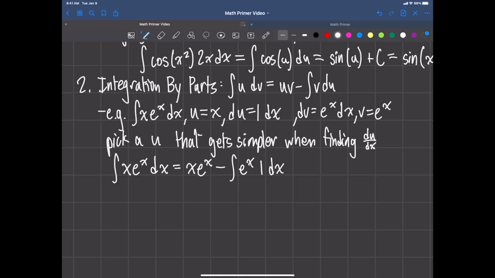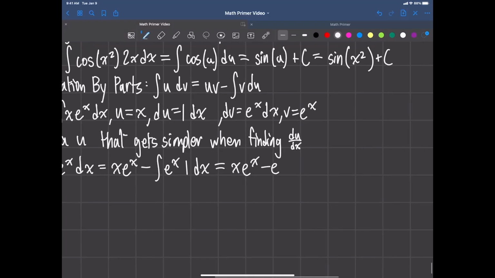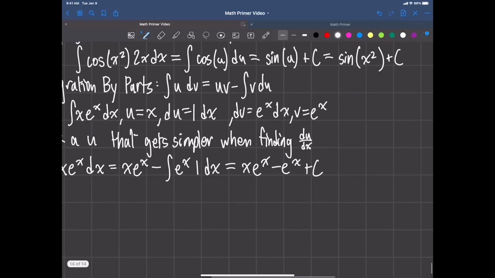Just cleaning up a bit here. And this is equal to x times e to the power of x minus e to the x plus c. Since the integral of e to the x is just e to the x.